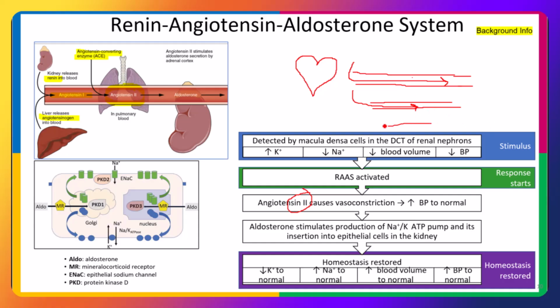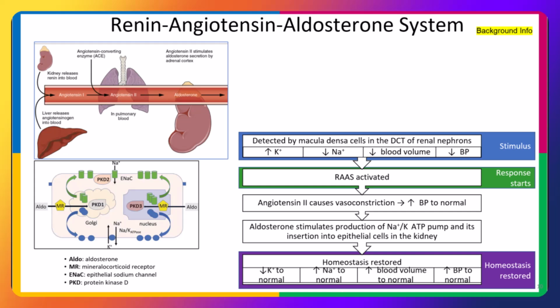This causes, if you can picture it, the blood to back up. So what we see upstream is an increase in the volume of blood and therefore pressure. This is what contributes to an increase in blood pressure, helping to maintain the normal blood flow throughout the body to meet needs.